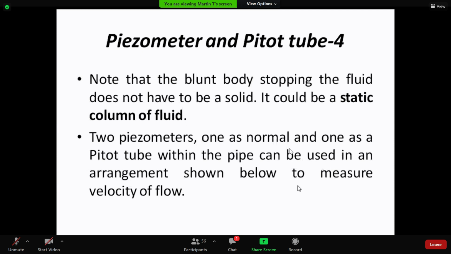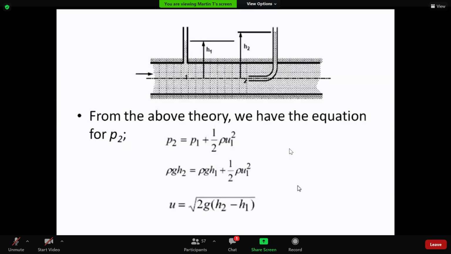So if we have two piezometers, where one is normal and the other is a pitot tube, we have an arrangement like that. At point 1, we put a piezometer.